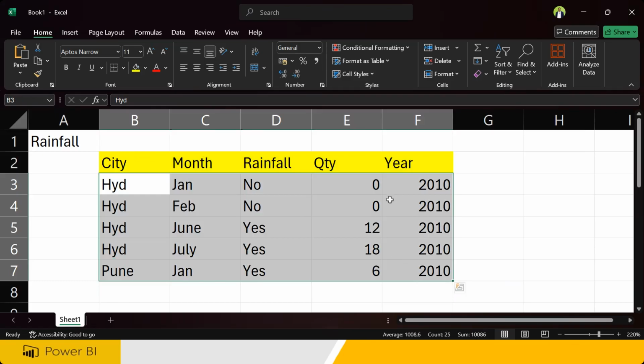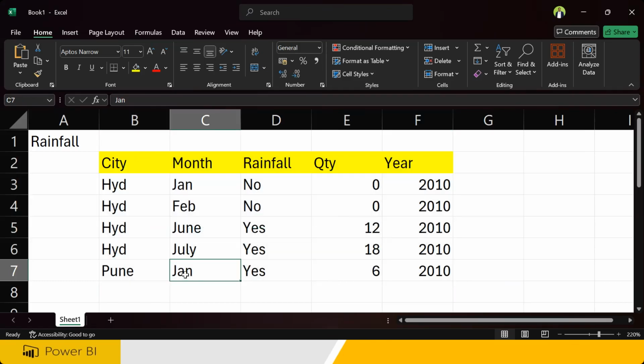I wanted to know what is the total rain in Pune. You have complete Pune data. You will take all the things. You will be able to say the complete rainfall is this much, or average rainfall is this much, or minimum rainfall is this much, maximum rainfall is this much. Like that, you can tell what has happened.